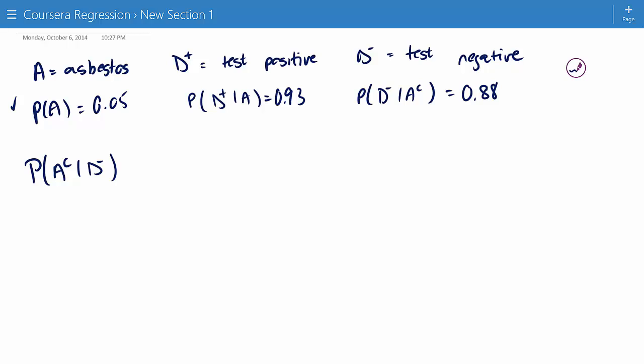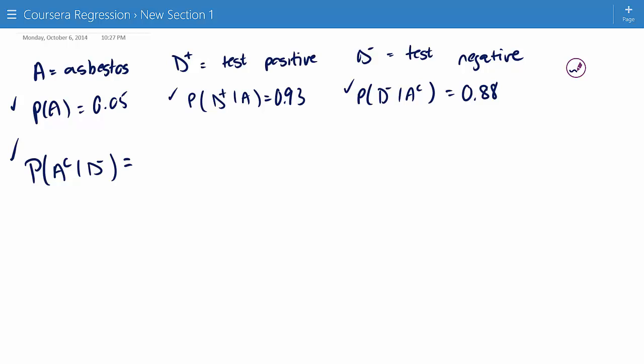The sensitivity of the test, which is the probability of a positive test given that the house has asbestos, is 93%. The specificity is the probability that the test is negative given that the house does not have asbestos, and that's 88%. And we want the probability that our house does not have asbestos given that we had a negative test.